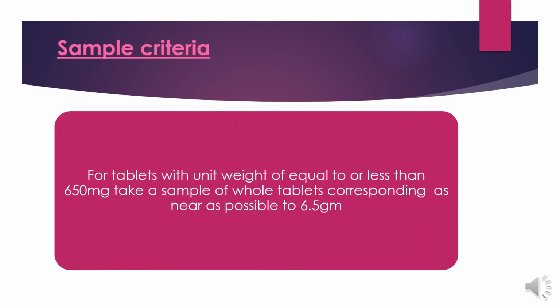So sample criteria: generally we are going to take 10 to 20 tablets for the friability test, but there is also a specific criterion when you are dealing with a potent drug, as well as when the unit weight of the tablet is much less.